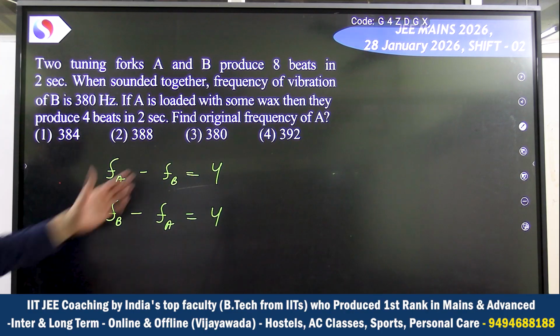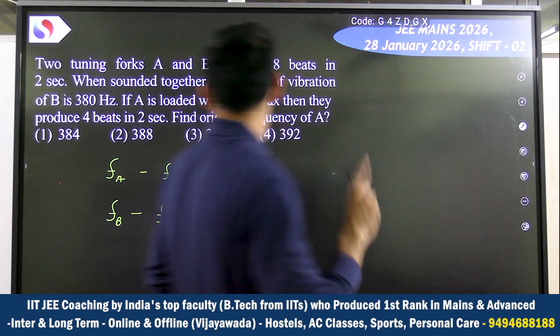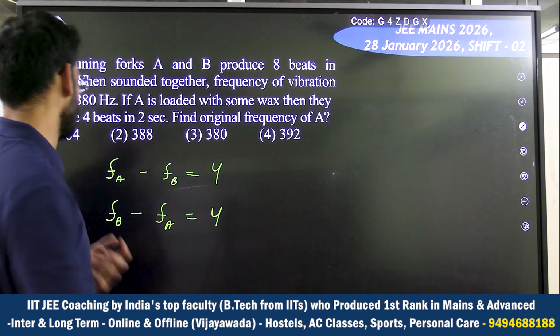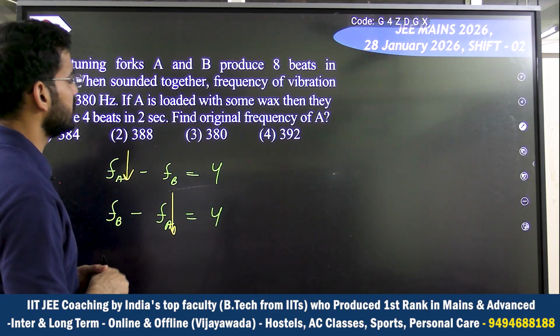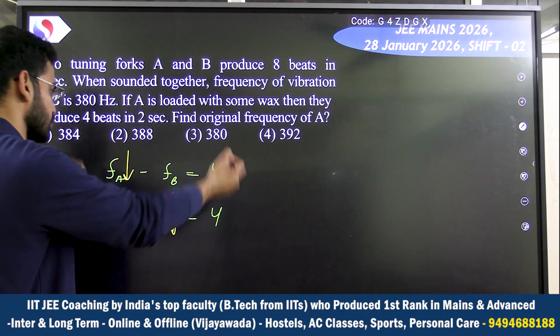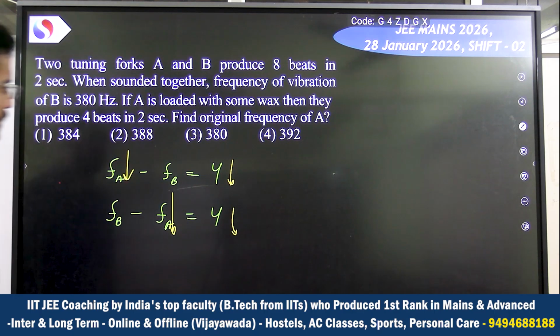So original frequency of A means this initial case, right? So in this, if you load A with wax, then what will happen? Frequency will reduce, right? So A loaded with wax means frequency of A will decrease. And with this, it becomes 4 beats in 2 seconds, means this goes to 2, means this reduces. Now for these two, in which statement is this true?